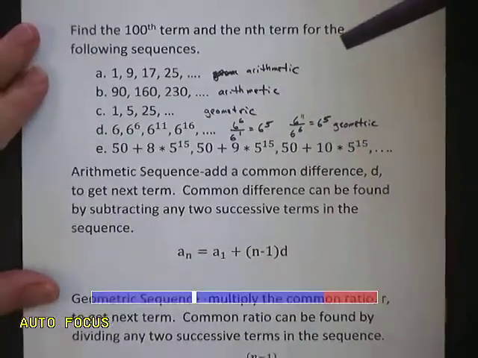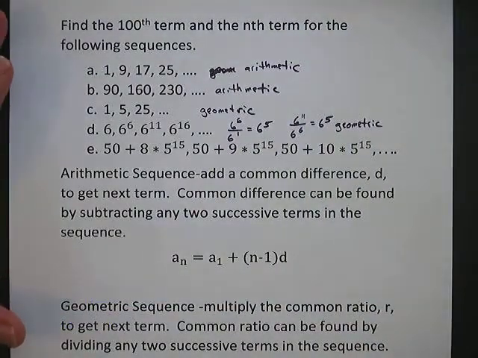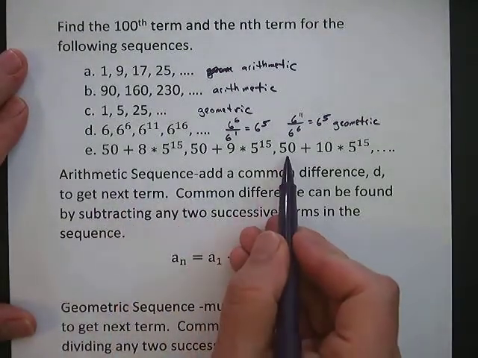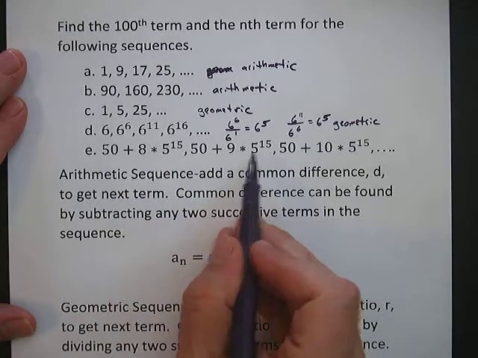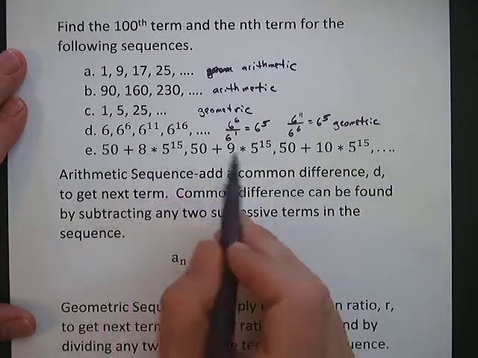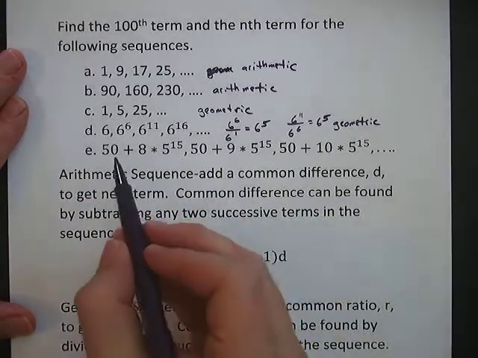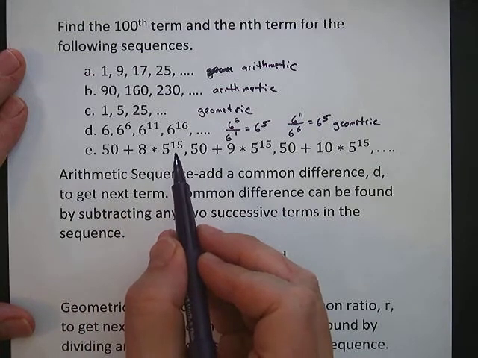All right, and for E, this one is going to be the hardest one to see. You have to look for what is changing each time, because it looks like each one of them has a 50. That doesn't change. Each one of them has a 5 to the 15. And the 8, the 9, the 10, that's what's changing. So what this is saying is that you have 50 plus 8 of the 5 to the 15s.